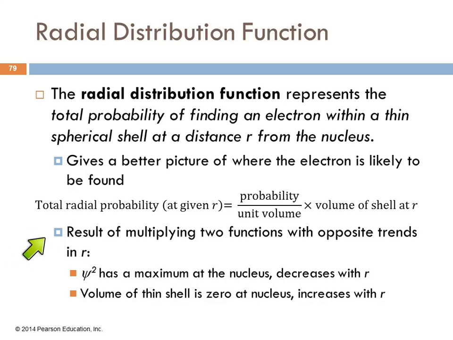So we multiply those two functions and get a better representation. These have opposite trends. The volume of the shell at r gets larger as r increases, and the probability per unit volume gets smaller. r is the distance between the electron and the nucleus, and it keeps getting bigger the further you go from the nucleus.